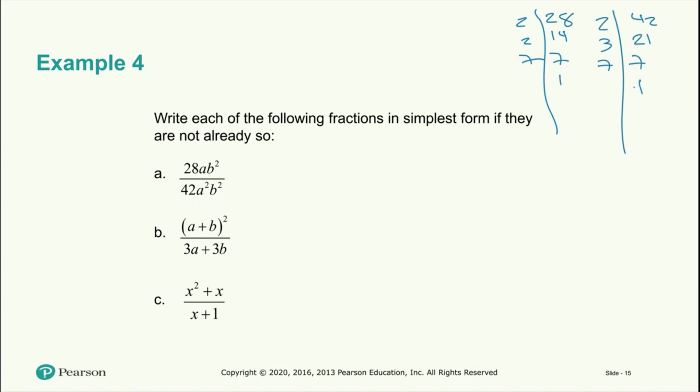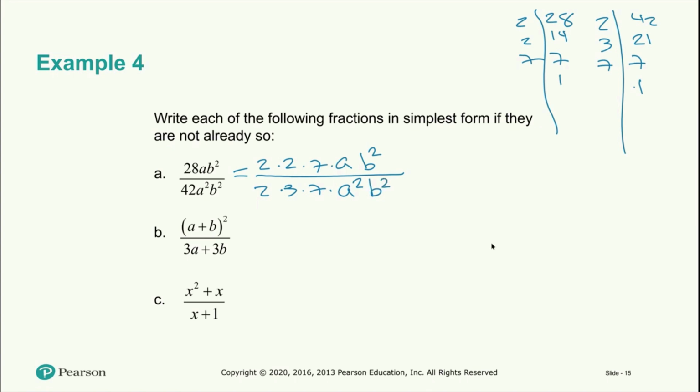So we notice that we can write 28 as 2 times 2 times 7 times ab squared, and we can write 42 as 2 times 3 times 7 times a squared b squared.